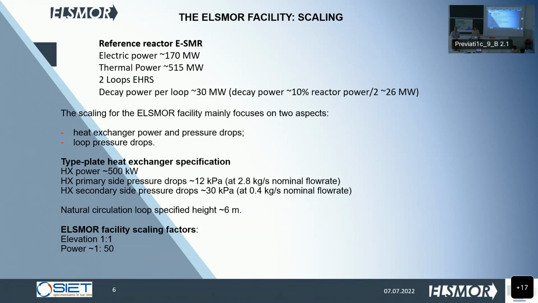You can scale down the volume, the power, the heat transfer surface, the pressure drop, but in order to test a passive system, typically the requirement is to keep the full height.